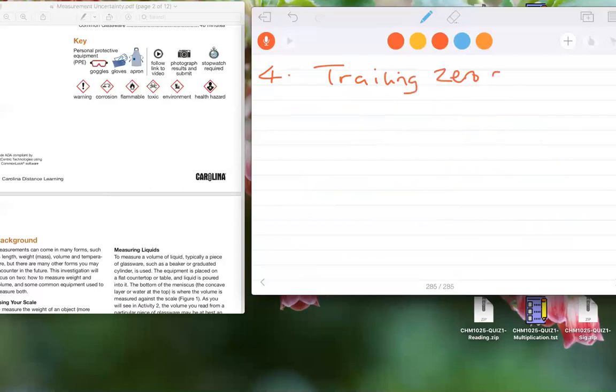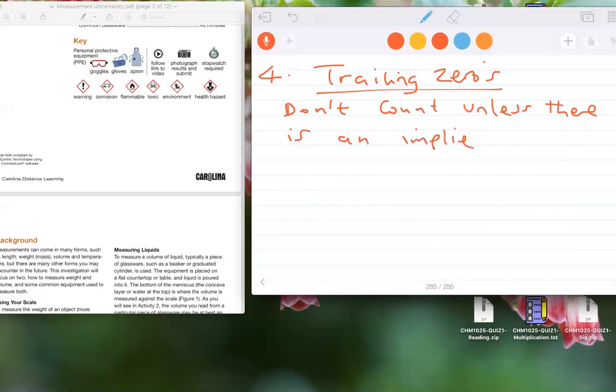Trailing zeros do not count unless there is an implied decimal point.